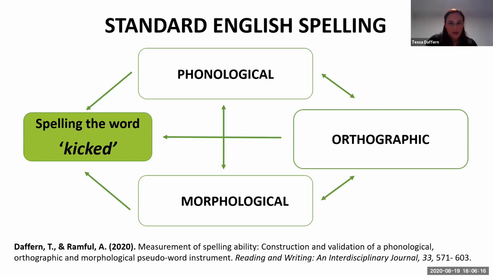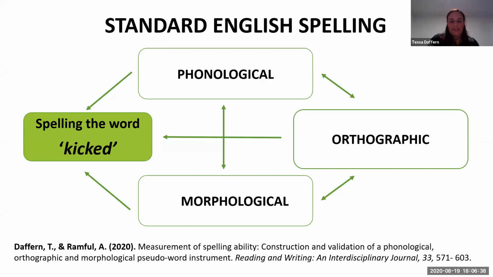But to spell that word correctly, they can't just rely on that process. They need to consider, for example, in the word kicked, there are two instances of the k phoneme. So they need to be able to think about whether to use K or CK or just C, for example.